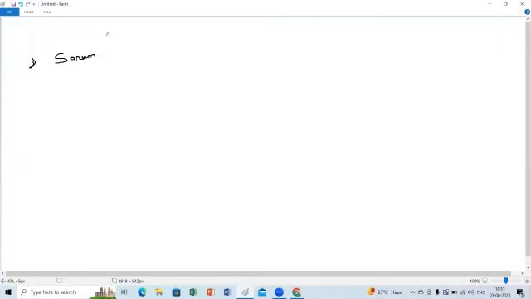Here, like you, there is a Sonam. Sonam read 25 pages. Yes, she read 25 pages. Out of how many pages does the book contain in total?